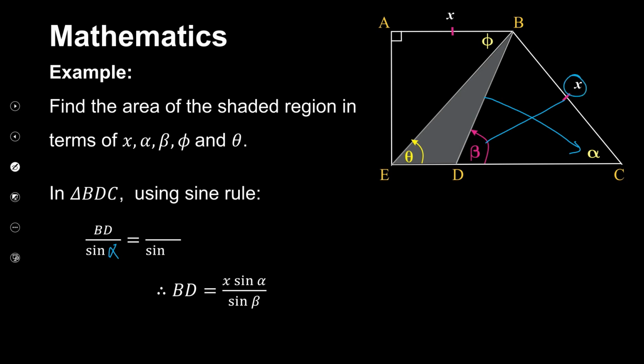That was the side, so x, and the angle across it was beta. Then when we rearrange this, we multiply throughout by sine of alpha, and we end up with BD equals x sine alpha over sine beta. Now we have an expression for BE and for BD.